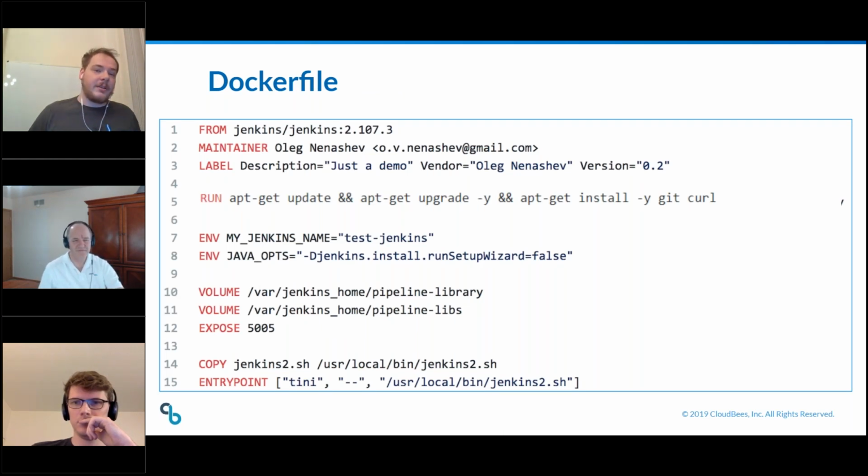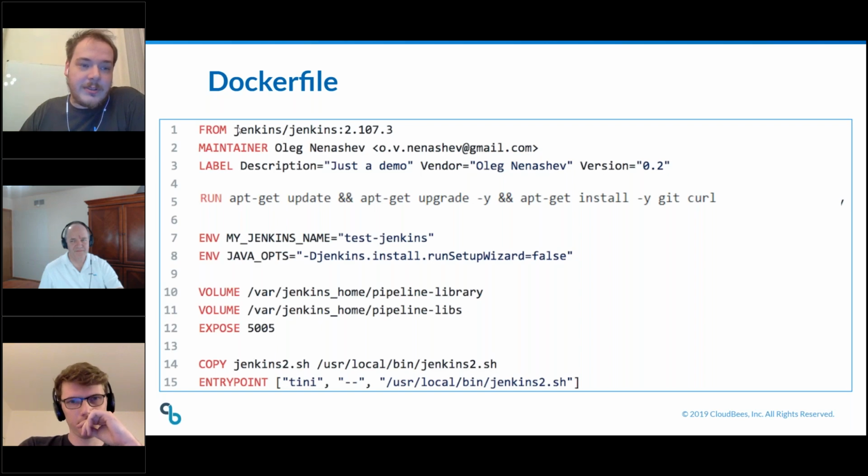For Jenkins, the main configuration bit is extending the Docker image. So if you use Jenkins and Docker, probably you have seen a configuration like that. Basically, you create your own Dockerfile, which extends the Jenkins official image. You can see from Jenkins on the top that I use a pretty old version on this slide, but it doesn't matter. And what you can see here, we use apt in order to install some system packages like Git or curl.